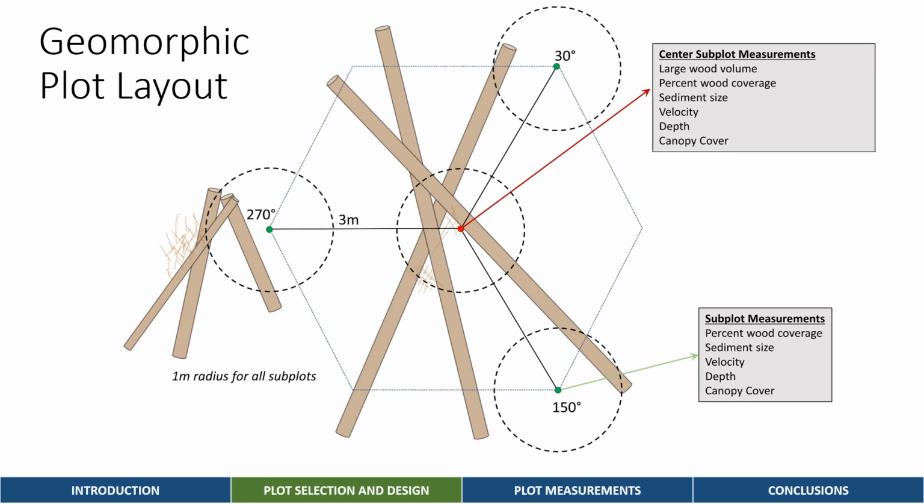All of these subplots are 1 meter radius. So sometimes it helps if you have a rope with you to actually lay out that 1 meter radius circle so that you can accurately visually assess the percent of wood coverage, which I will explain on the wood slide.